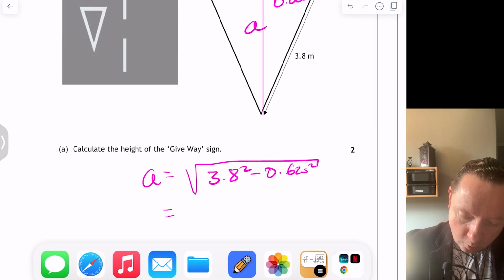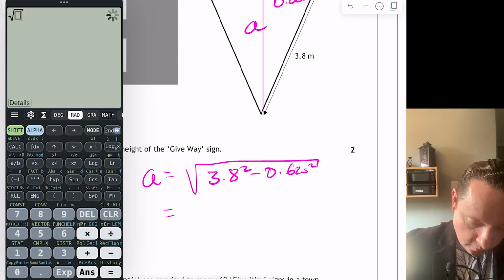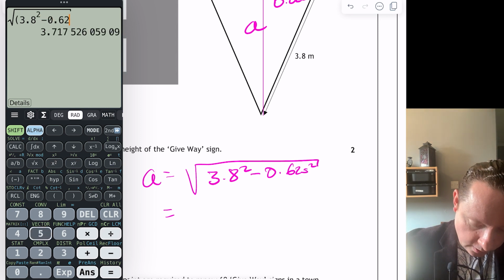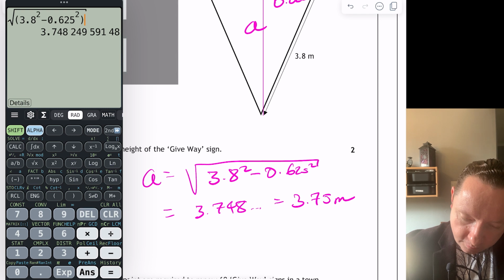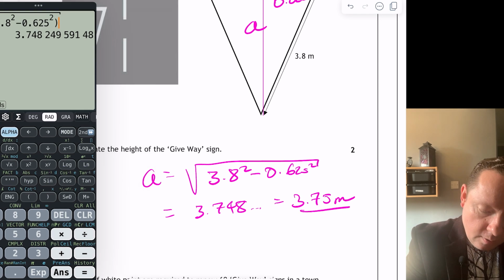You can do that all in one go in a calculator, just using brackets. 3.8 squared minus 0.625 squared, square rooted, is 3.748, or about 3.75 metres. And we're done there.